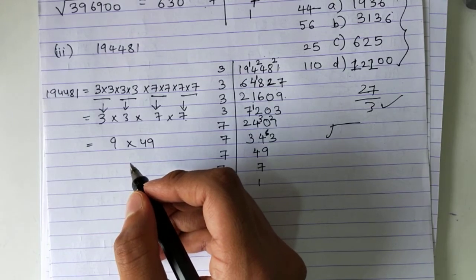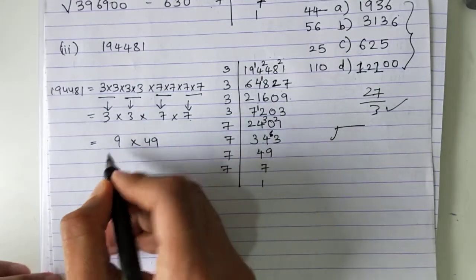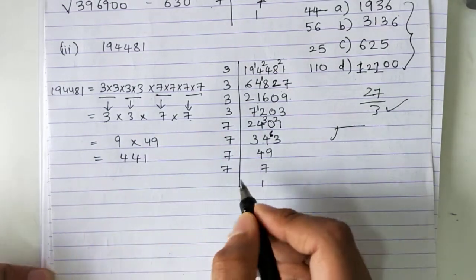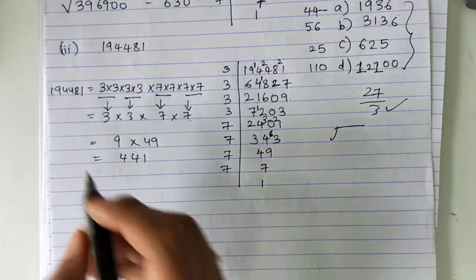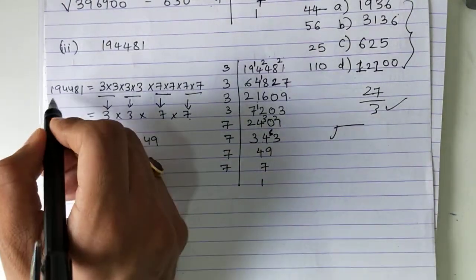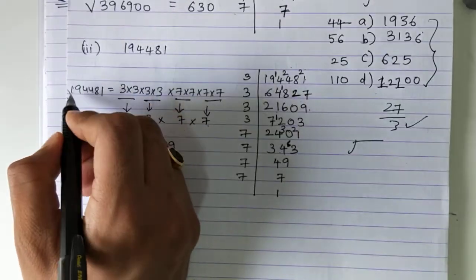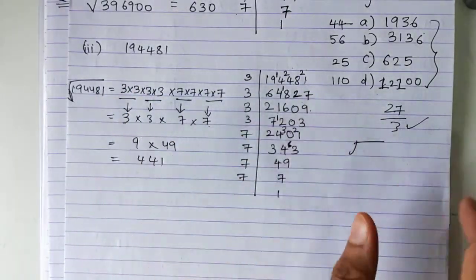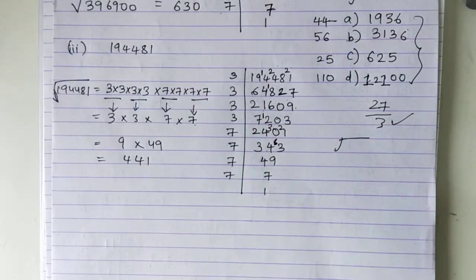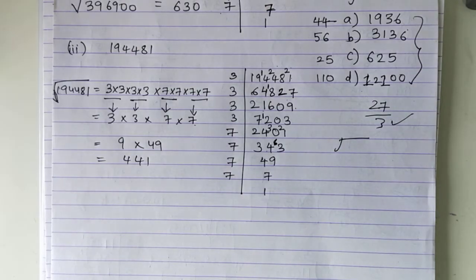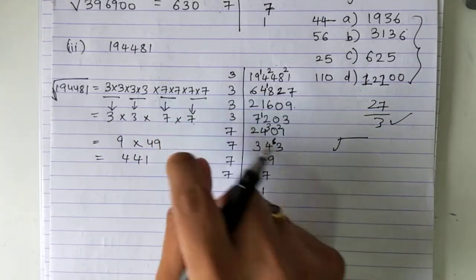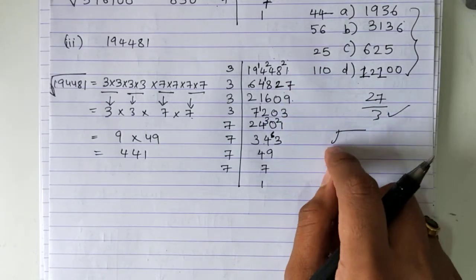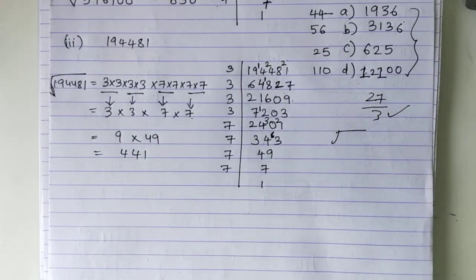So 49 into 9 is 441. So that means the square root of 194481 is 441. Copy the sum. First copy this prime factor part and then copy this.